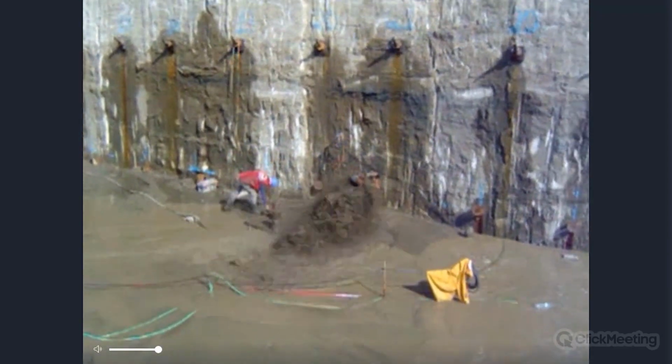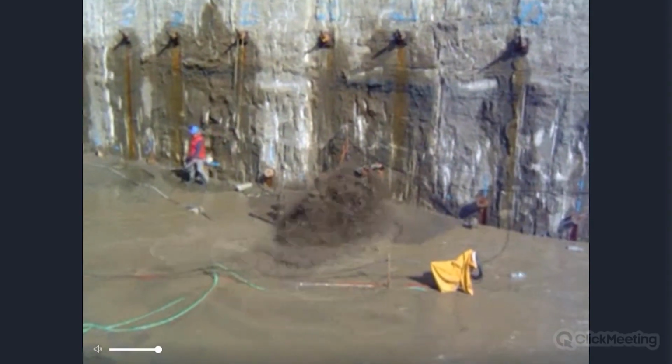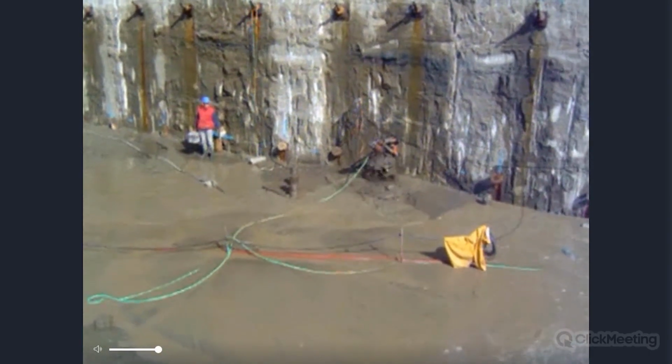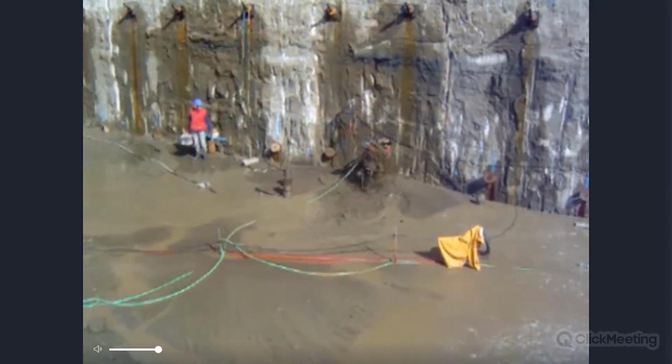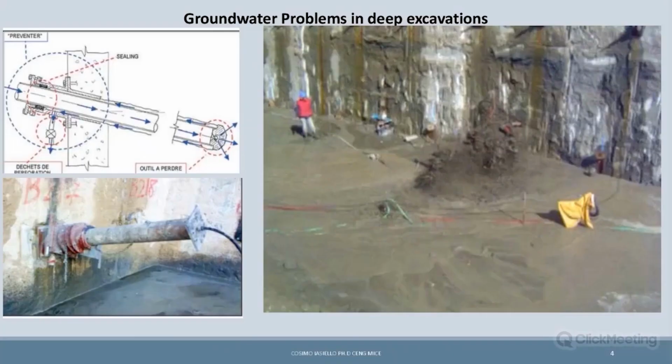So across this green pipe, we extract ground to stop the coming of water. So this is anchors with the possibility of grouting. Here we have a hotel, and in this hotel we could stop the coming of water.